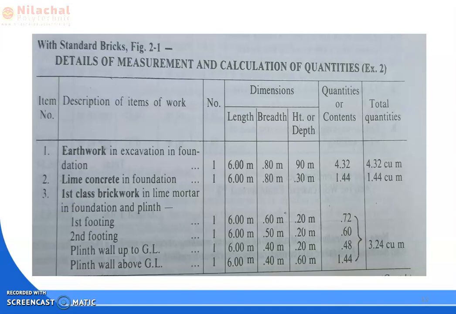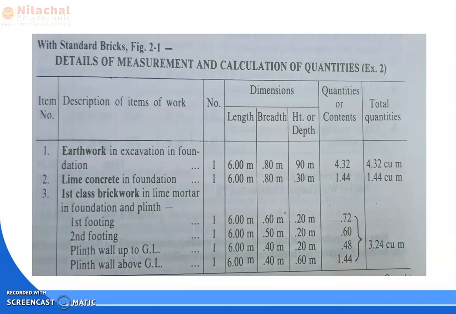In this case we consider the bottommost part of the foundation. It means the excavation length and breadth we consider on the basis of the length and breadth of the bottom of the foundation.